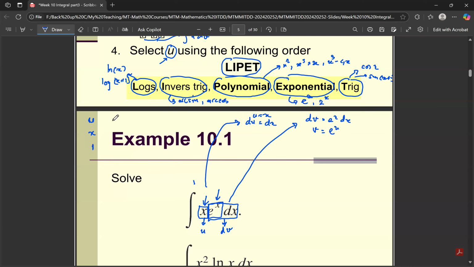And what about dv? In our case, dv is e^x. Actually, we must write e^x dx, but we ignore dx. Just write e^x. In this case, we must integrate e^x. We know the integral of e^x is e^x.